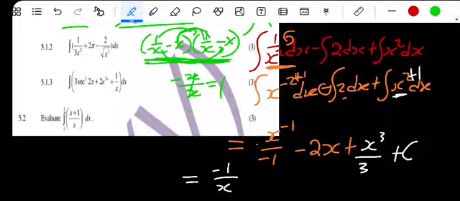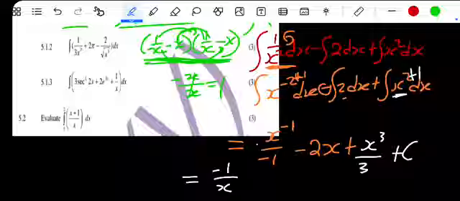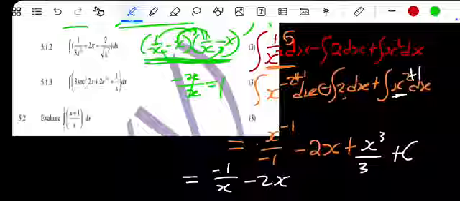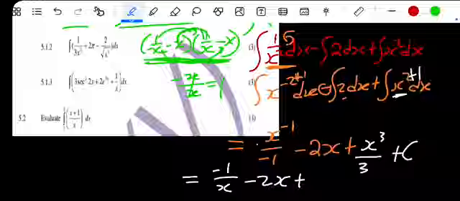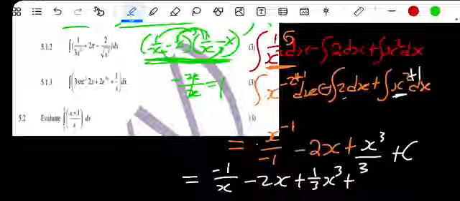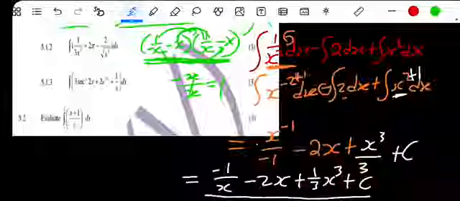We have this now minus 2x, plus 1 over 3 x cubed, plus our constant c. So this is the answer for part 1.